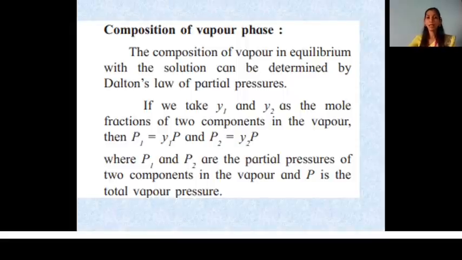If we take x1 and x2 for the liquid and y1 and y2 as the mole fractions of the two components in the vapor, then we write P1 is equal to y1 P and P2 is equal to y2 P, where P1 and P2 are the partial pressures of the two components in the vapor, and P is the total vapor pressure.